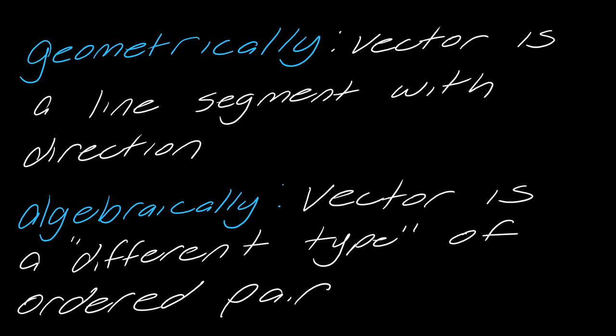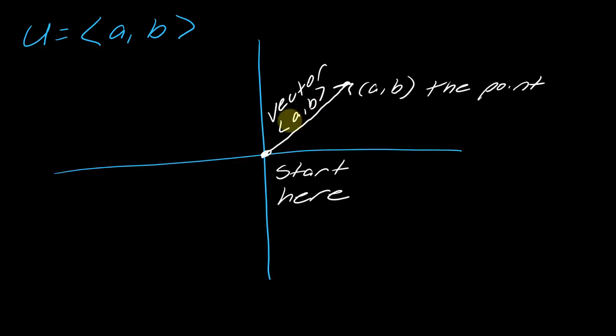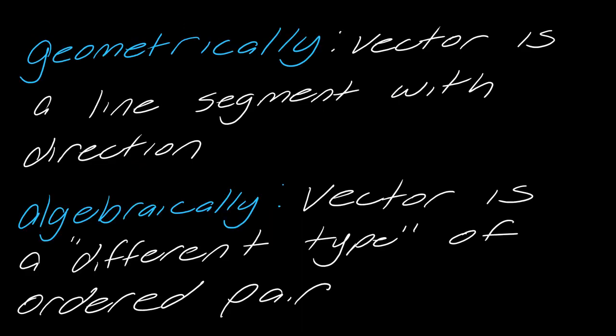I bring that up because a vector is an ordered pair, and so is a point. So I think of it as its own type of ordered pair with angular brackets. These are the same thing, but depending on your context, you might want to think about things geometrically versus algebraically. Usually algebraically, you're bringing in the Cartesian coordinate system or whatever.